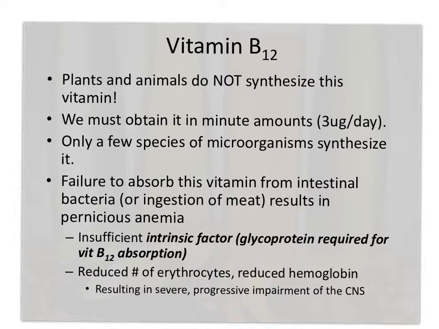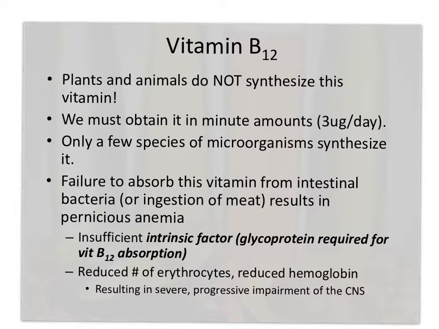And so you get what's called pernicious anemia. With pernicious anemia, since you're not getting enough vitamin B12, you aren't going to make enough of the cofactor B12, and you make what's called insufficient intrinsic factor. Okay, and then you get a reduced number of erythrocytes. It causes reduced hemoglobin since you don't have enough blood around, and eventually you get severe progressive impairment of the central nervous system.